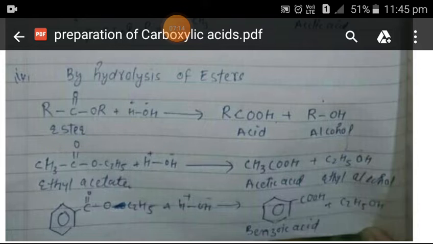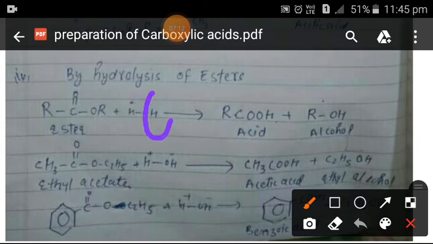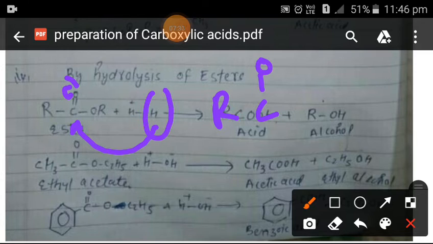Actually, what happens here is that this OH part will attack here, and the bond gets shifted, giving a negative charge on this oxygen, and you will see OH is bonded to this carbon. Clear?